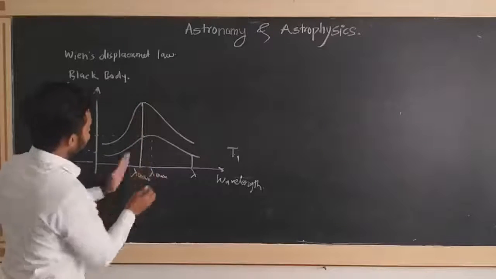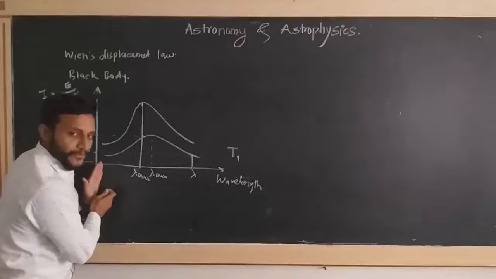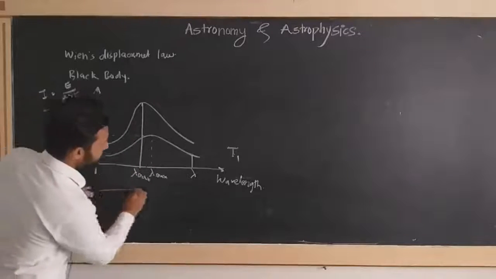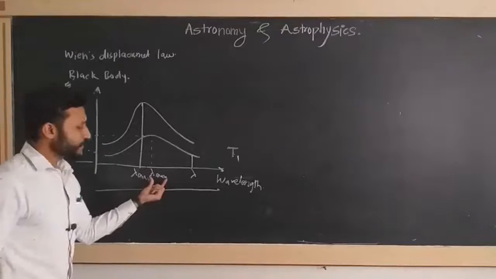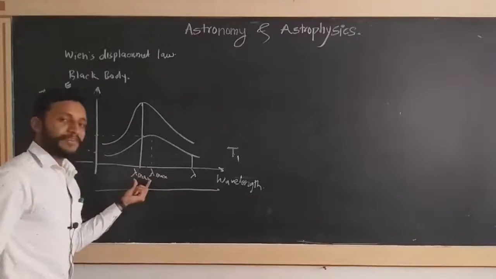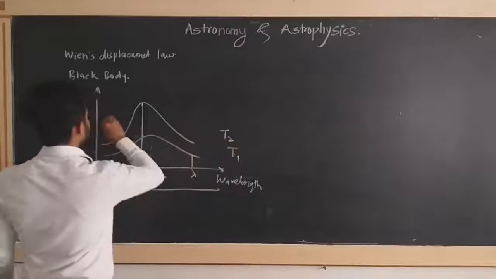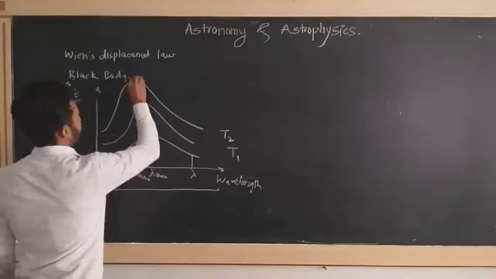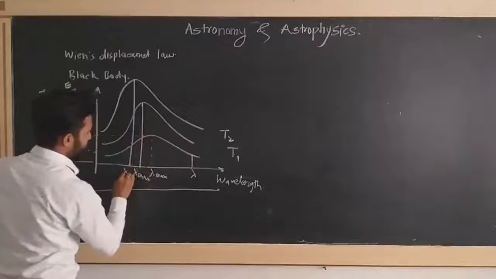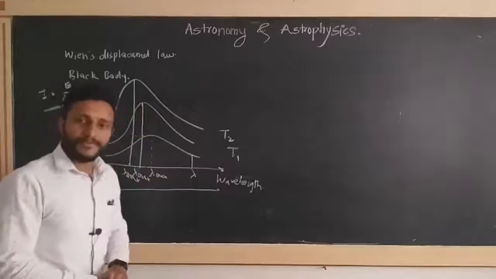Lambda max is shifted towards the shorter wavelength, right? As the temperature increases again, lambda max shifts towards the shortest wavelength.